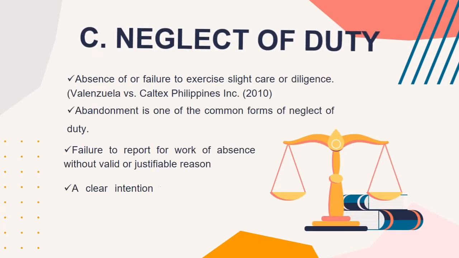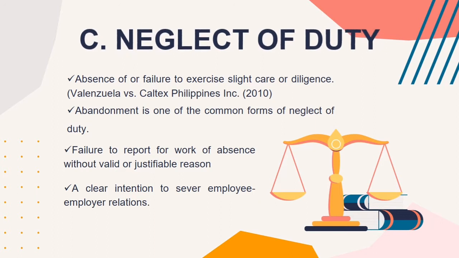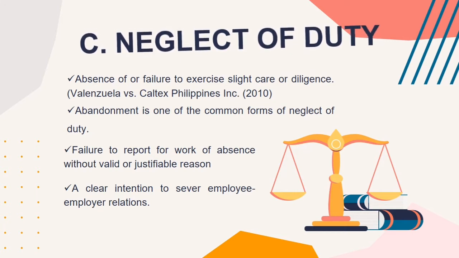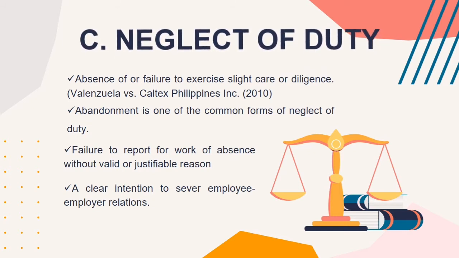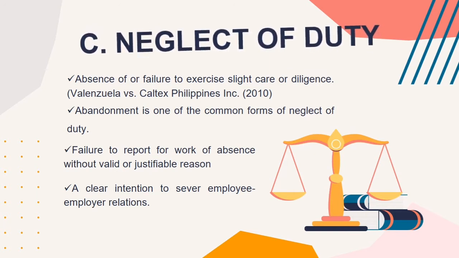When can we consider that it has to be habitual? Habitual neglect implies a repeated failure to perform one's duties for a period of time, meaning the employee's repeated acts of absences without leave and frequent tardiness reflect his or her indifferent attitude and lack of motivation to work.